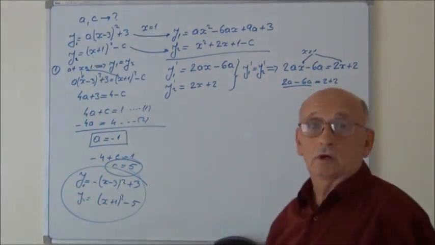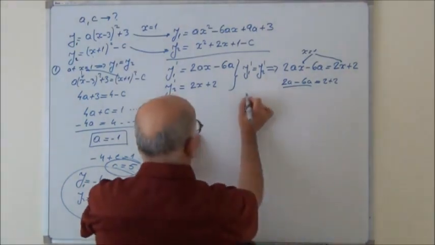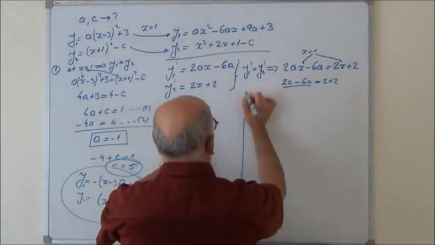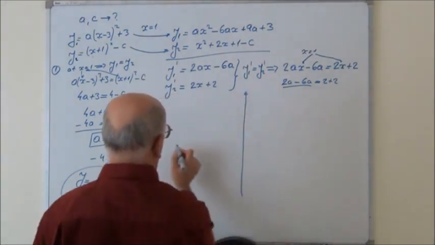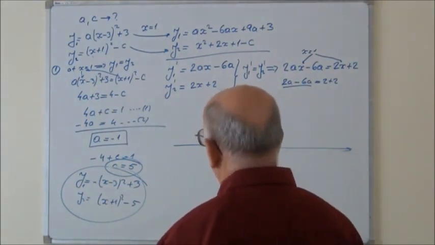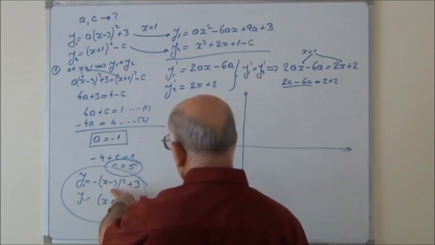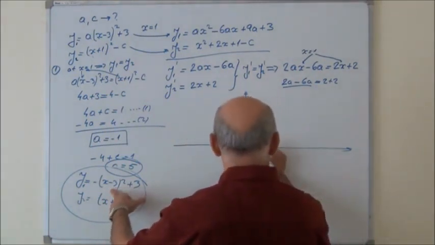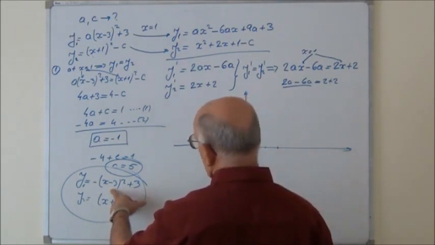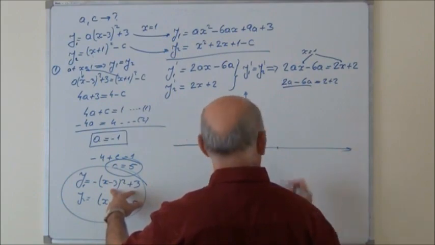What is actually the graphical meaning of that? How does this look? We will try here to sketch those two parabolas to see a little bit more clearly what is happening. So this parabola has 3 units to the right, 1, 2, 3 units to the right, and 3 units up.